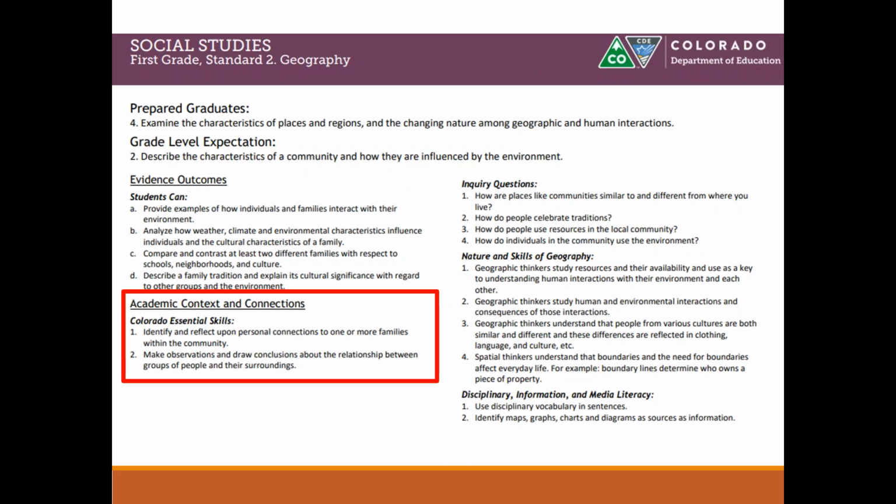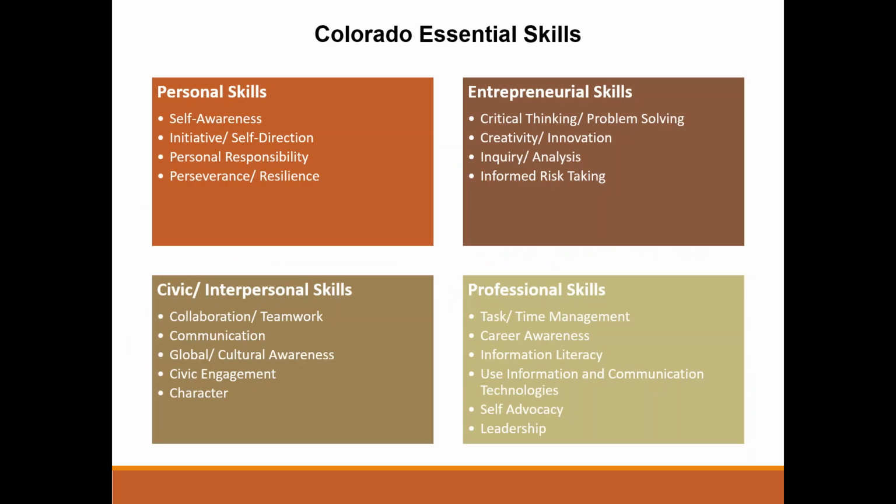In the next box you see highlighted, you're going to see Colorado essential skills. And Colorado has adopted 4 groupings of essential skills: personal skills, entrepreneurial skills, civic and interpersonal skills, and professional skills. And these are all things that the Department of Education expects to be built into all the work we're doing to meet those standards.